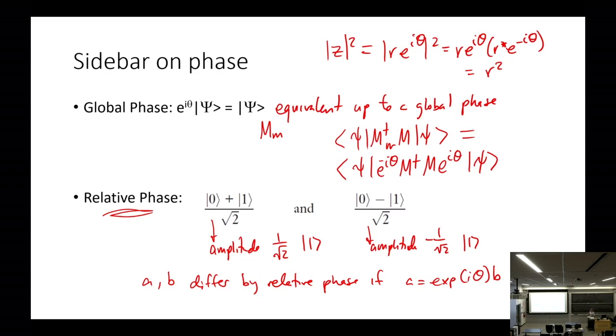And these relative phases are basis dependent, unlike the global phase. So states that differ by a relative phase give physically observable differences. Relative phases can be useful. They can carry information about the coherence of the system, for example. So we'll see more examples of that down the road.